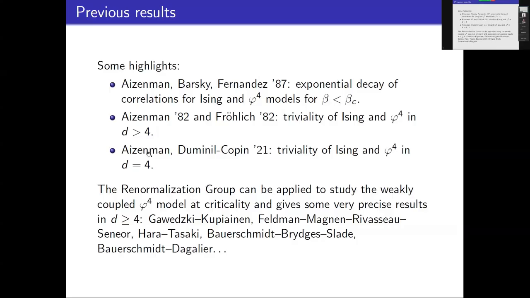And much more recently, Aizenman and Duminil-Copin managed to go all the way to the critical dimension 4. And maybe you've heard that Duminil-Copin was awarded the Fields Medal in Mathematics a few years ago. He was awarded the Fields Medal, maybe not necessarily for this result, but for works in this area. So these are very interesting and very difficult results to prove.